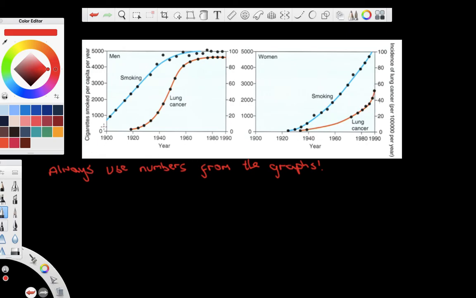However, having said that, men, over the past 100 years, have been more likely to smoke. According to this, there were very few smokers among women until about 1925, whereas in men, it was before even the 1900s. So we can say that more men smoke than women.